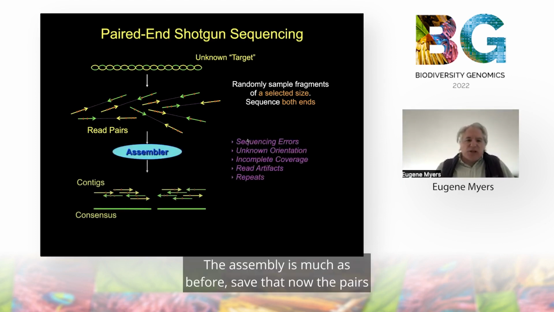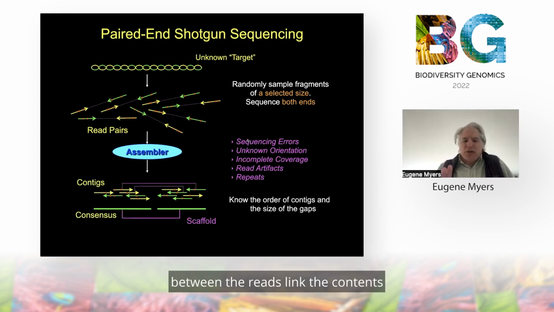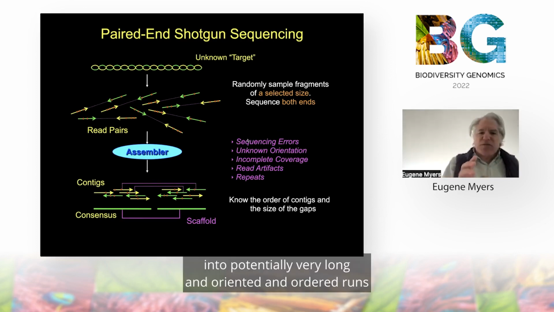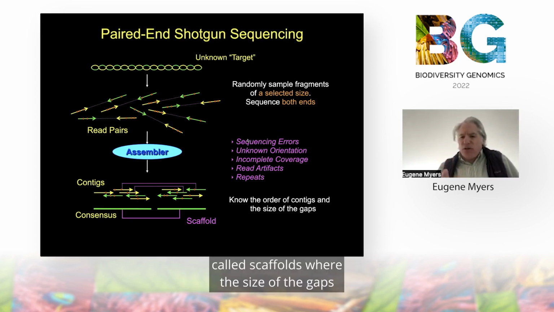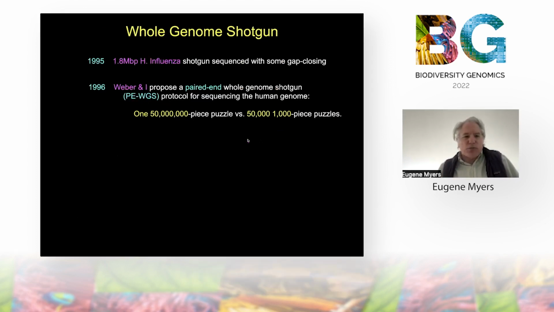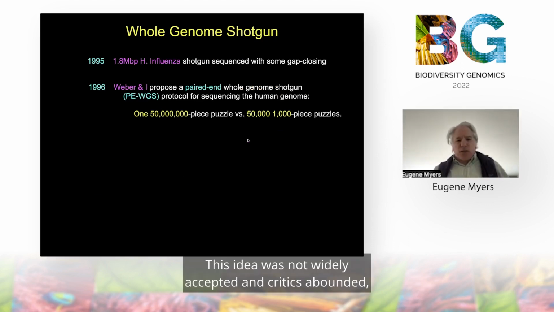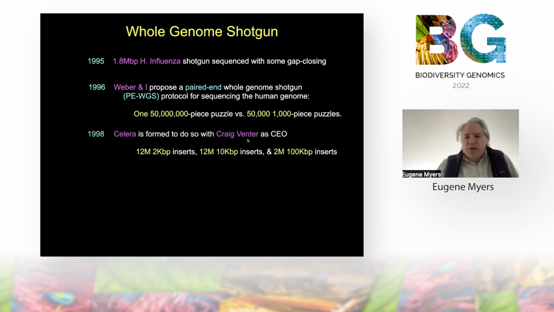The assembly is much as before, save that now the pairs between the reads link the contigs into potentially very long and oriented and ordered runs called scaffolds, where the size of the gaps between the contigs in the scaffolds is roughly known. This idea was not widely accepted, and critics abounded.